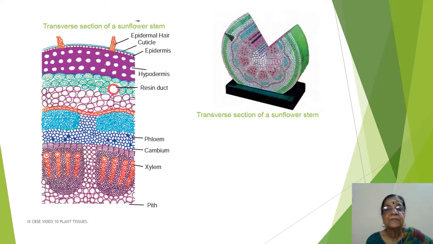So in this diagram, sclerenchyma and collenchyma, as they are present just next to the epidermis, are called hypodermis. I hope you understand. So this is a transverse section, and this small diagram is an enlarged portion.